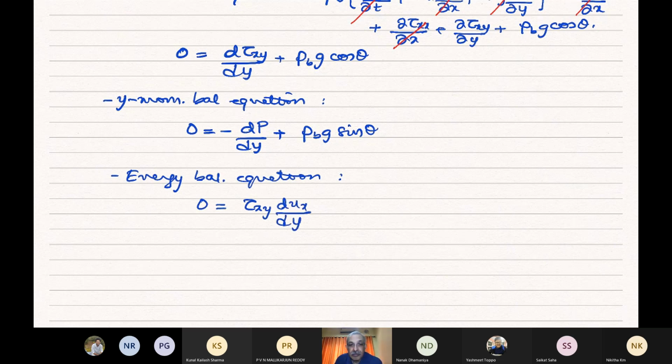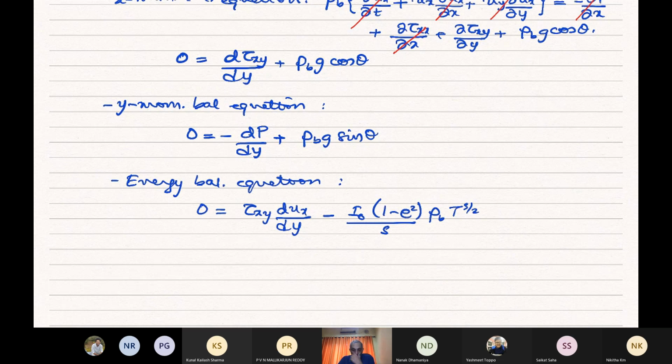So this is the viscous dissipation term, and then the other term is just the loss due to inelastic collisions. So these are the three equations that you have.